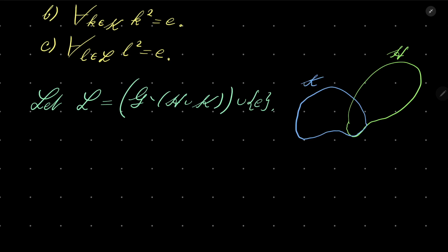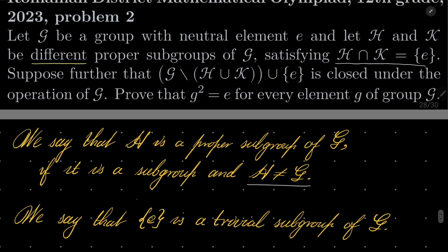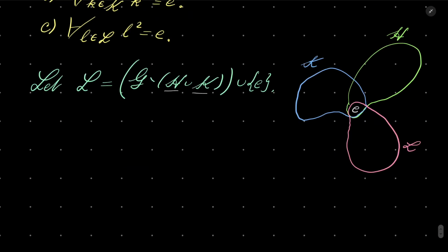And finally, here is our set, we don't know yet if it's a subgroup, it's L. Their only common element, it's pretty easy to see, is E. Well, why is that? Apart from E, no element of H or K can be in L. And moreover, it was our assumption that H and K have trivial intersection. So it must be like that. And these three sets, of course, give us the entire group G. So our group G is partitioned by these three sets.